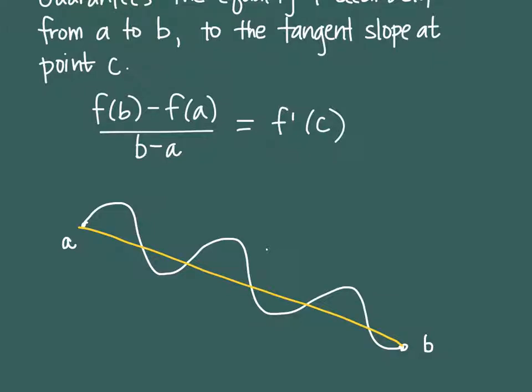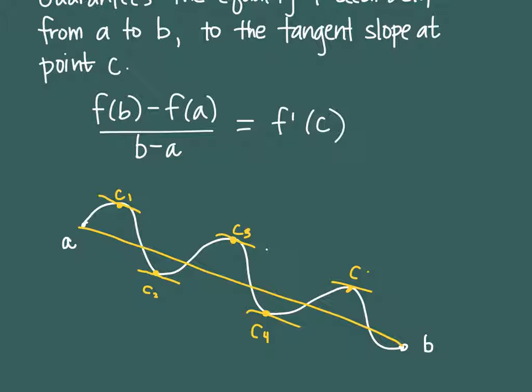So maybe it's right there. Maybe that has parallel slope. So that's the first C. And maybe right about here it has parallel slope, and that's the second C. And maybe this one also has parallel slope, so that's the third C. And then C4 and C5.